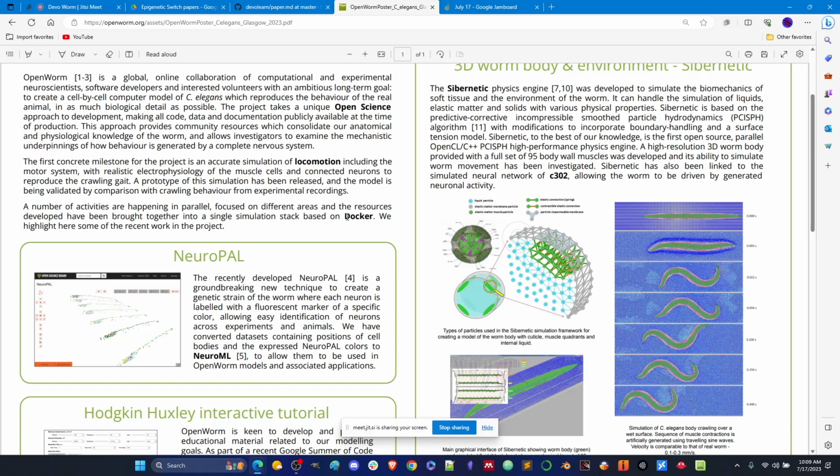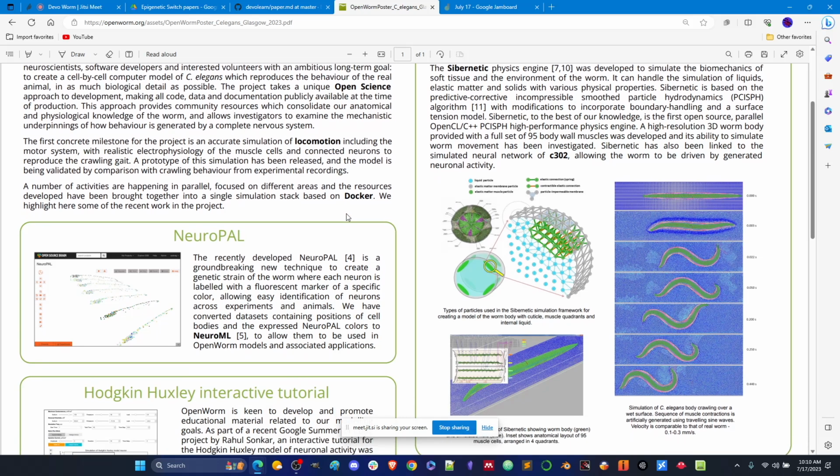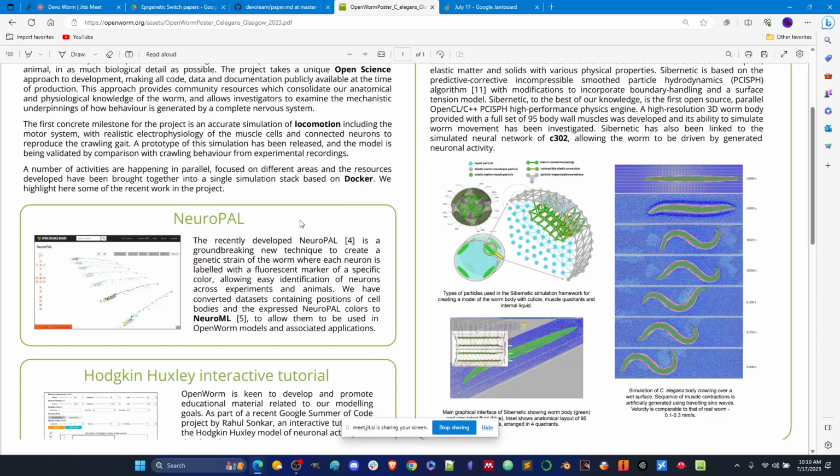There's, of course, the locomotion simulation, which is like cybernetic. You have other types of simulations of the connectome, like C302 and some other things. And then you can run those in sequence and see the worm in pieces, I guess, or in different subsystems. It's really nice.